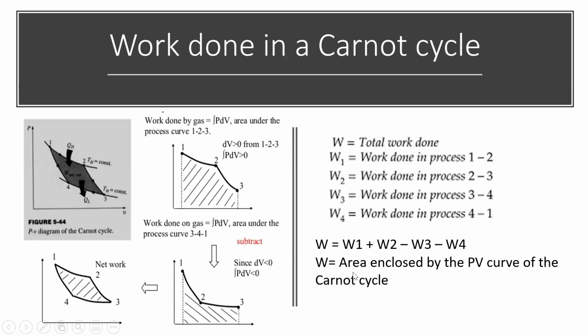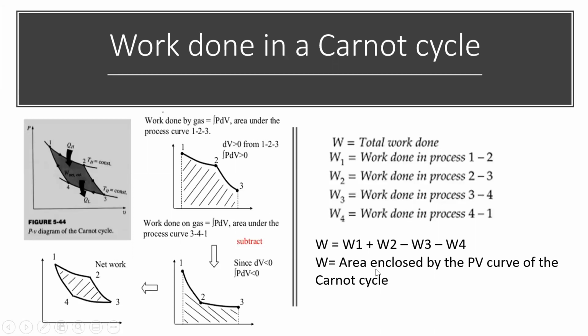Now, when we take the total work done, W1 and W2 are taken positive because work is done by the system. It's expansion. And W3 and W4 are taken negative because here the work is done on the system. It's compression. We are pushing the piston down.